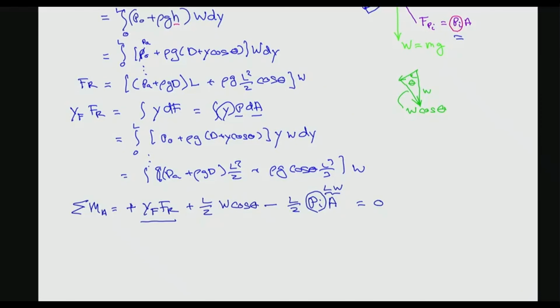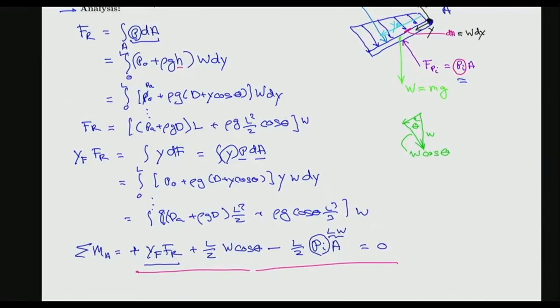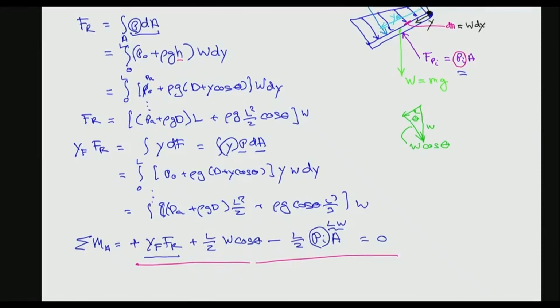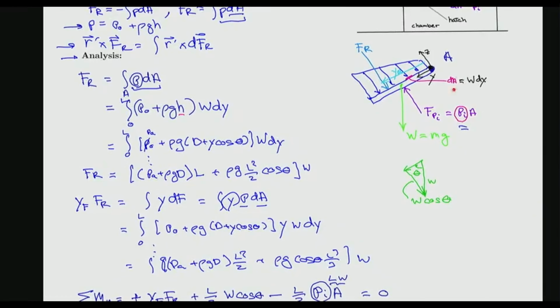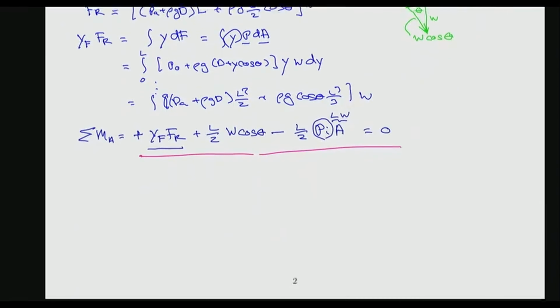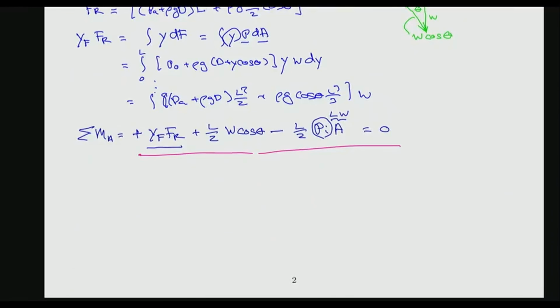But you can see from this equation here that we have everything, and we can simply solve for P sub I. The one other thing to note is that we didn't really have to do this step. If you originally looked at what's going on, we could just right away sum moments.